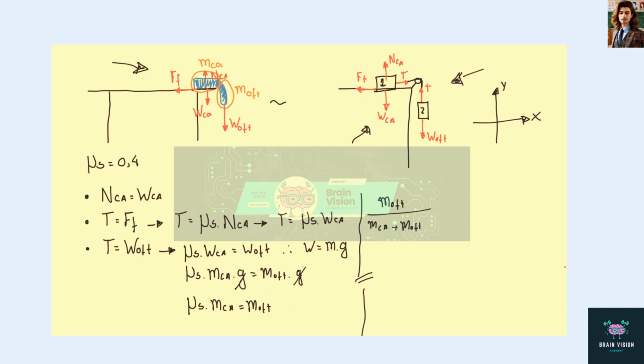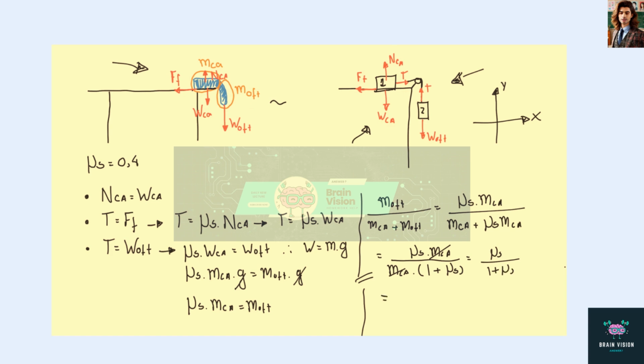Using this relation, we can substitute the m_off here by the left-hand side of this equation. So this is equal to mu_s times m_CA divided by m_CA plus mu_s times m_CA. Now we can factor out m_CA in the denominator to get m_CA times 1 plus mu_s, divided by mu_s times m_CA.